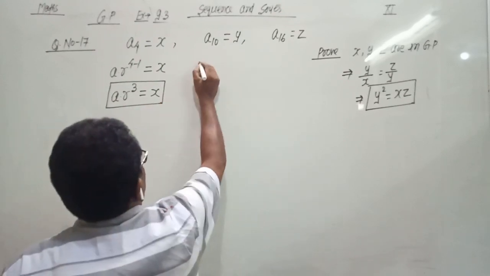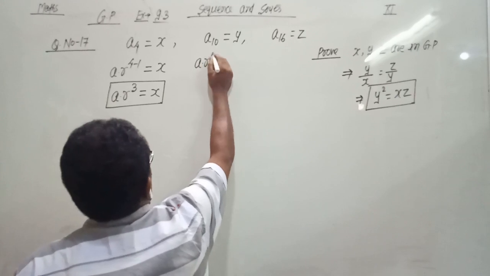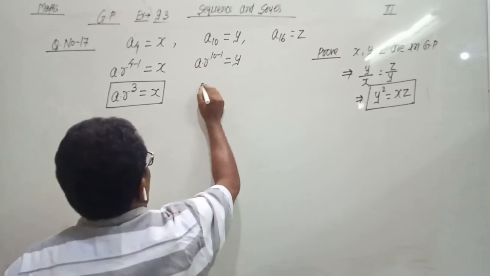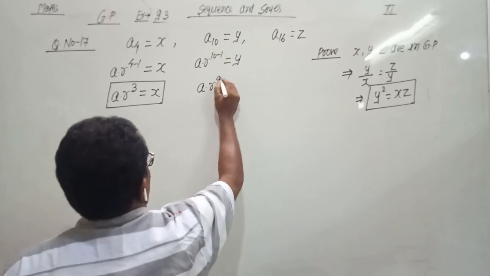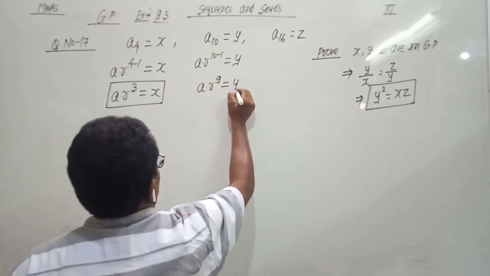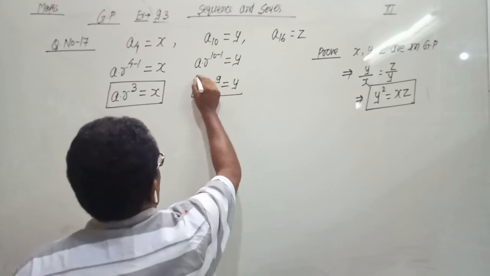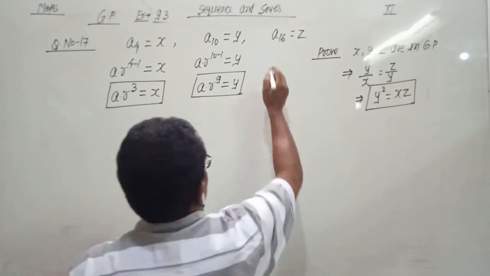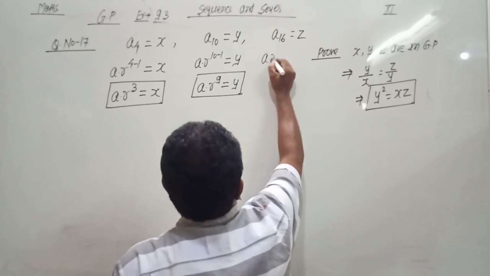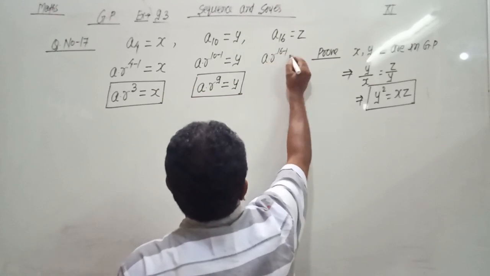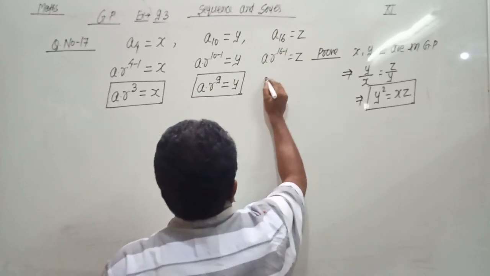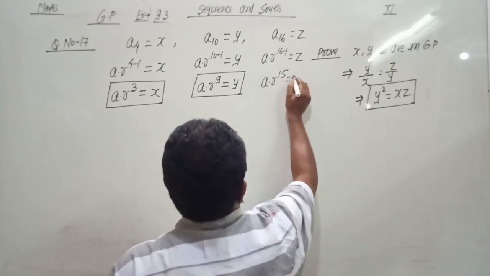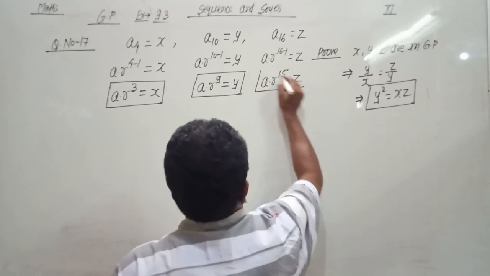The 10th term means a into r raised to the power 10 minus 1 equals to y, and a into r raised to the power 9 equals to y. Then the 16th term means a into r raised to the power 16 minus 1 equals to z. That is a into r raised to the power 15 equals to z.